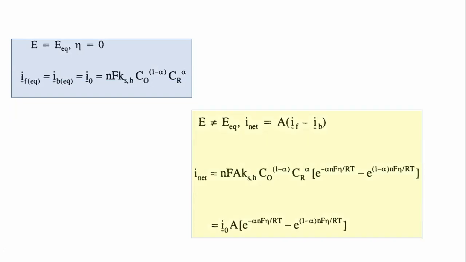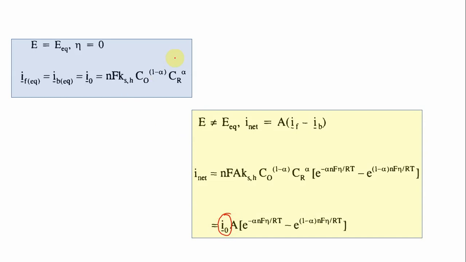So we were talking about this exchange current density. Now you can see over here that there are certain parts of this last equation which we see over the page.